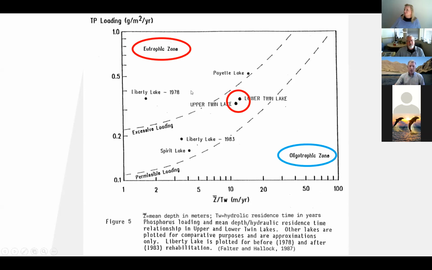And then once you cross this excessive loading, then you end up in this eutrophic zone. So this is where Fernan is firmly planted in this area. And at the time of Falter's study, with the loading that was occurring, upper and lower Twin were right in between, which is why it was classified as an oligotrophic-mesotrophic lake system. So low to intermediate productivity.